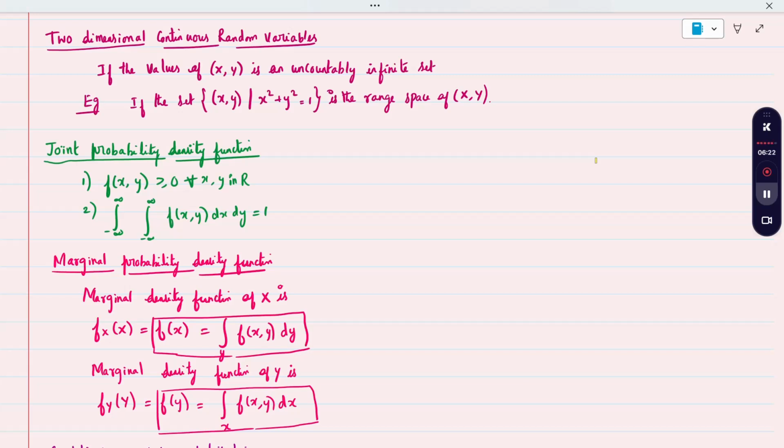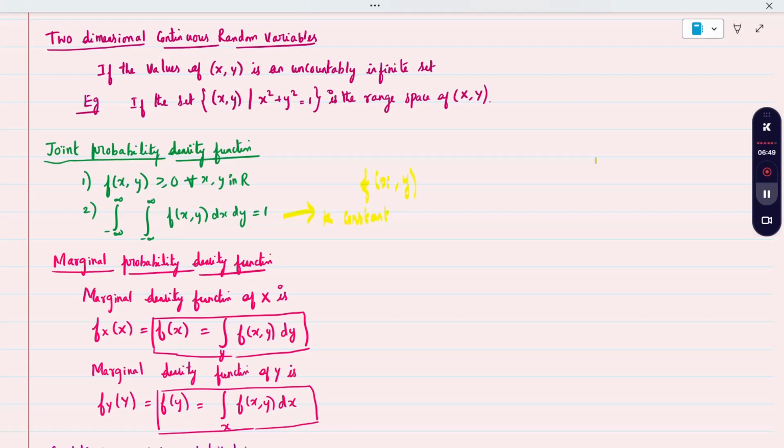First, the joint probability density function, f of x comma y. F of x comma y is greater than or equal to 0 for all x comma y in the real line. Double integration of f of x comma y dx dy equals 1. This formula you will be using for finding a constant. To find the constant, we use this formula.